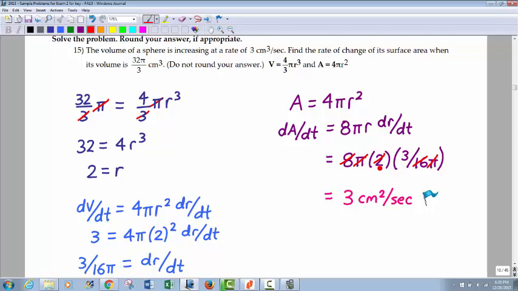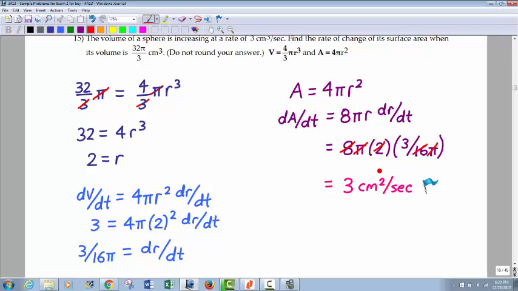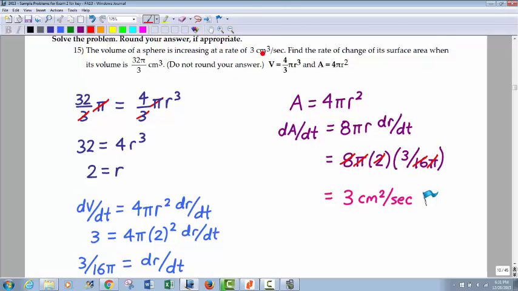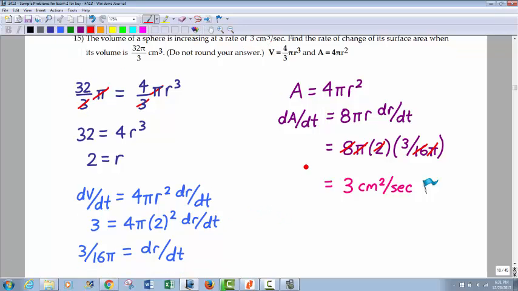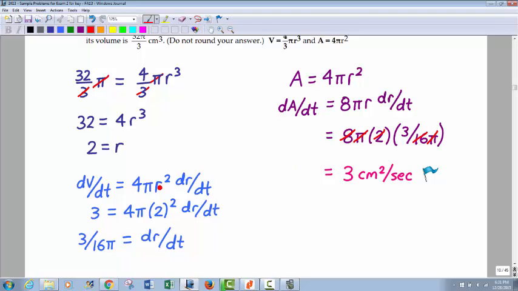Now we need to get dr dt, so I have to get the related rate equation from the volume, because we do have a dv dt here. dv dt is 3 cubic centimeters per second, so then we can get dr dt from that. So we saw sphere earlier, so the first block of problems, 4 pi r squared is the related rate equation, dr dt, dv dt.